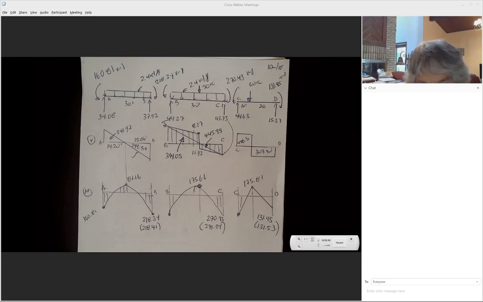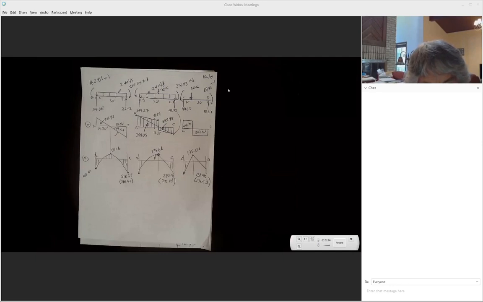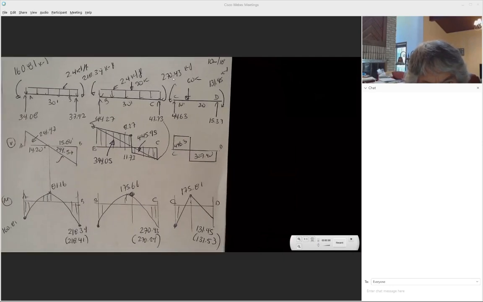This is member BC. At the end of member BC at B, this is moment BC, and this is moment CB. For this one, this is moment CD, and this is moment DC. And the load is given.